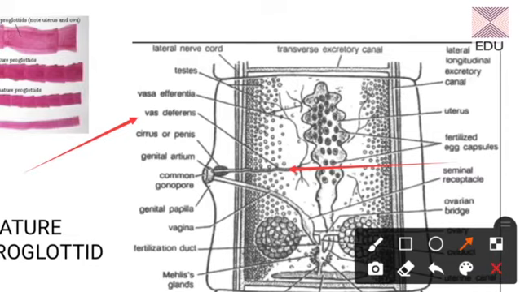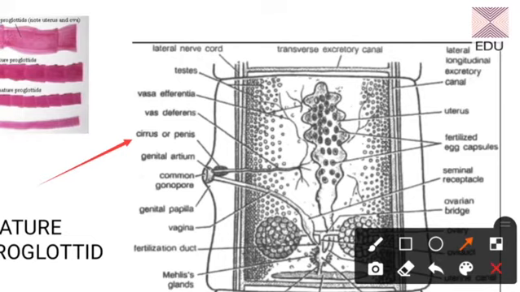Now we have the fourth part of the male reproductive system, and this is the cirrus. We have labeled it here. The cirrus is a muscular organ, and it will inject the sperms into the female genital pore, which will be discussed later in the female reproductive system.